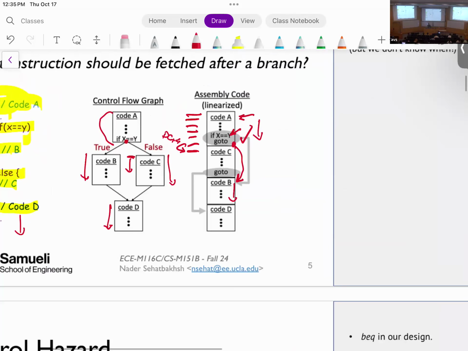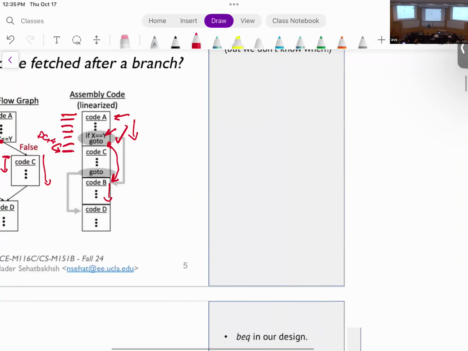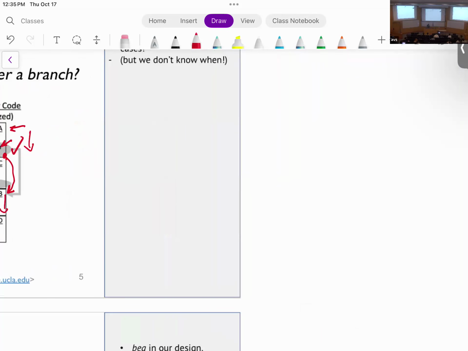Not true, we didn't jump, right? So for single cycle, it was fairly straightforward. But for the pipeline design, that's the issue. Because, for example, let's say I have load word, then branch equal, then sub, then add, okay?